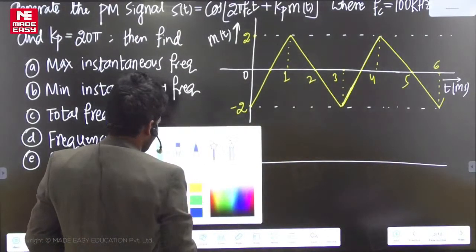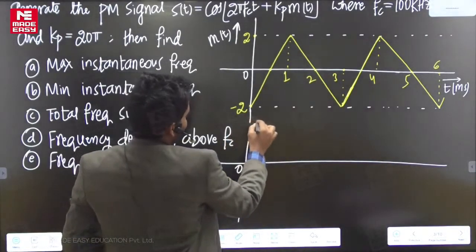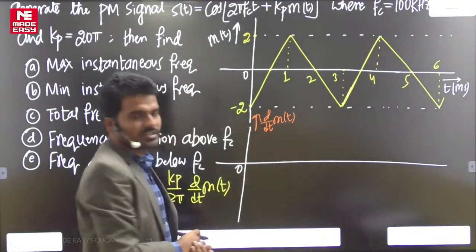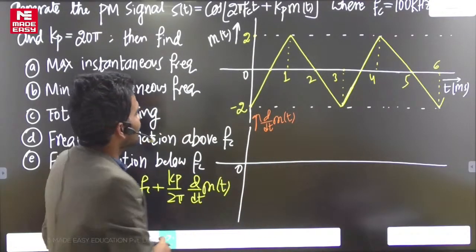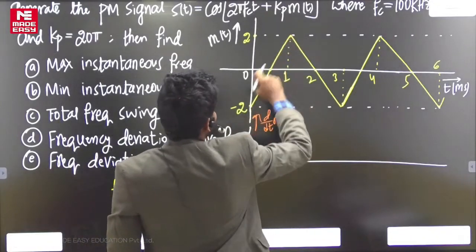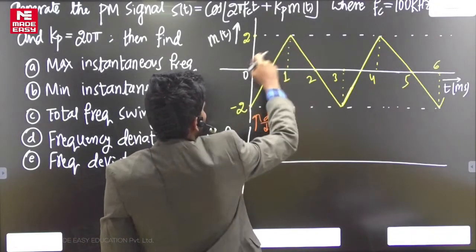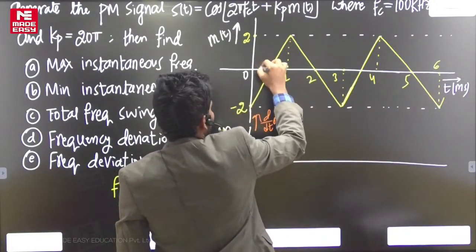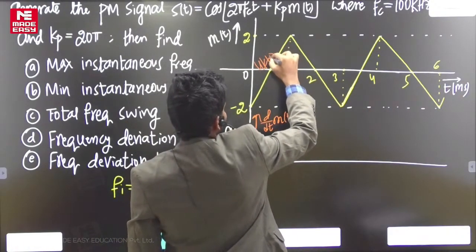So I'm going to plot the differentiation of m(t). Differentiation is nothing but slope. Now what is the slope of this portion? Change in y-axis by change in x-axis, so 4 by 1 millisecond. So the slope will be 4 kilohertz.